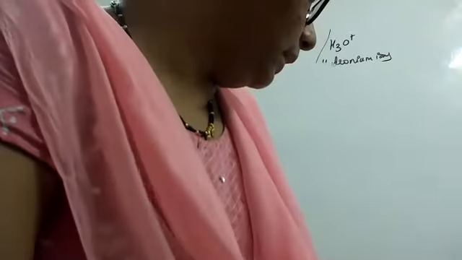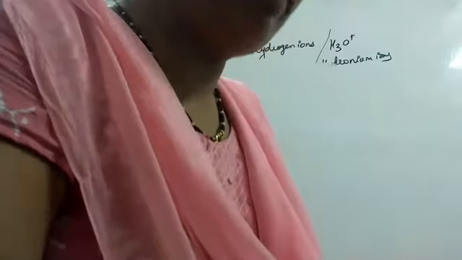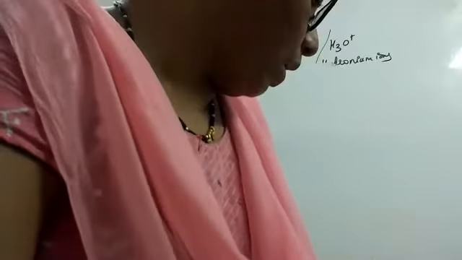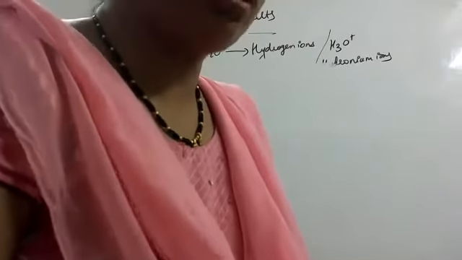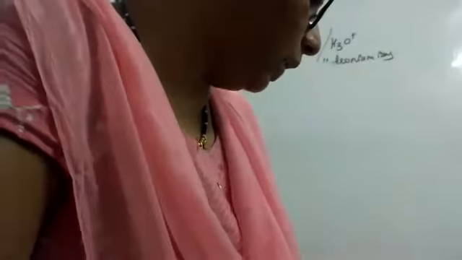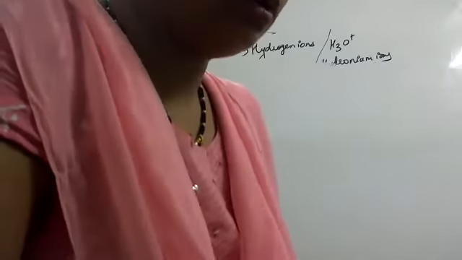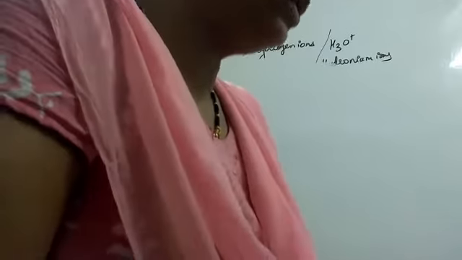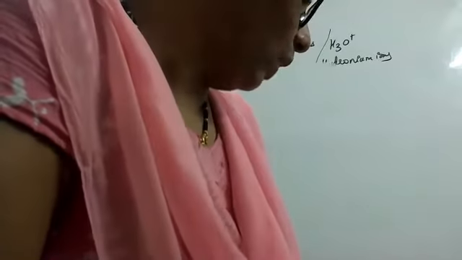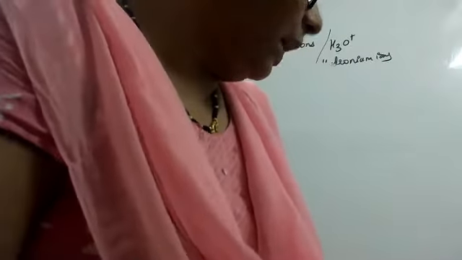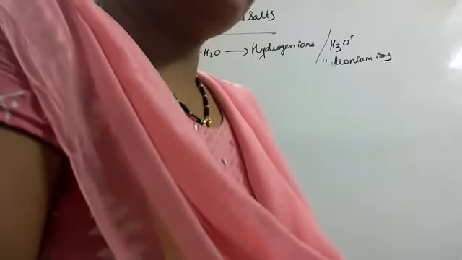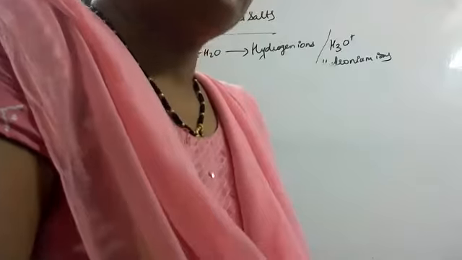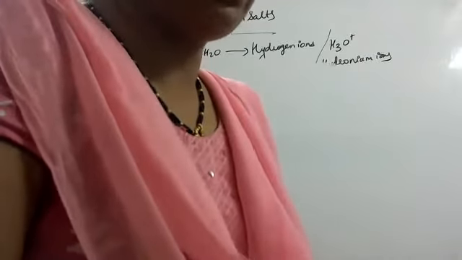Okay, so write the definition of acid. The chemical compound which on dissolving in water produces hydrogen ions or hydronium ions as the only positively charged ions.